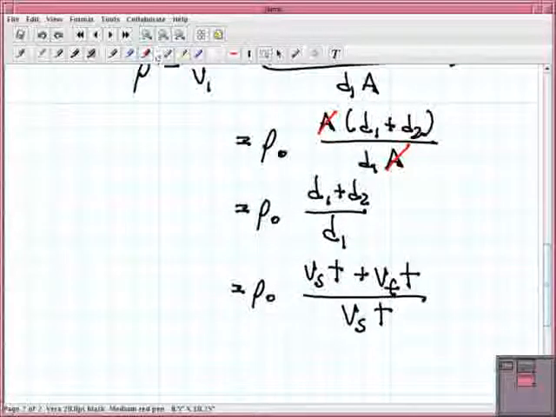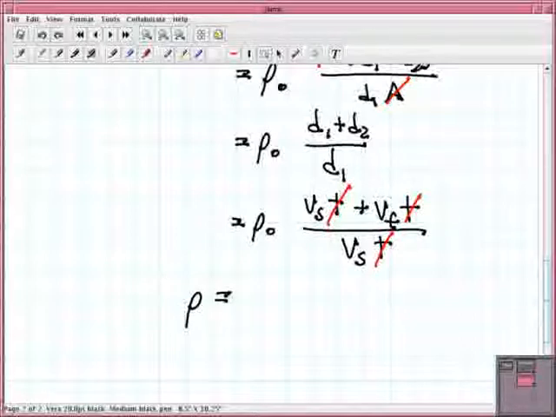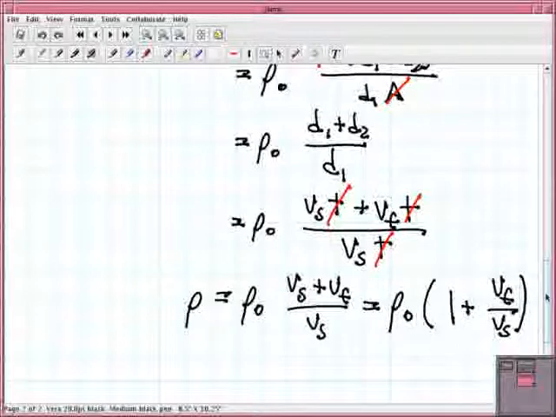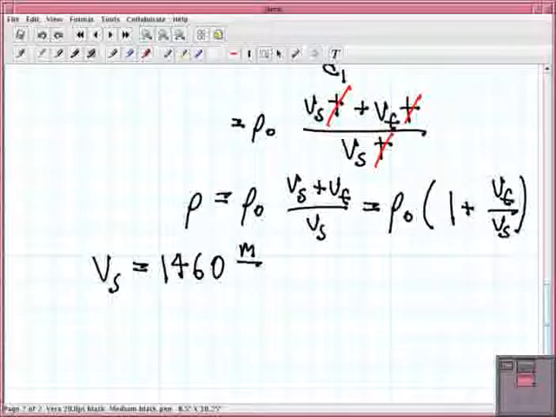We see that again the times cancel, much as the areas did, and we are left with a final expression for rho. The new density of the water, the compressed water, is the initial density times Vs plus Vf over Vs. We could also factor out the Vs term and write this as rho 0 times 1 plus Vf over Vs. Now, just to get a rough idea of what kind of numbers we're talking about here, Vs, the speed of sound in water, is 1,460 meters per second.